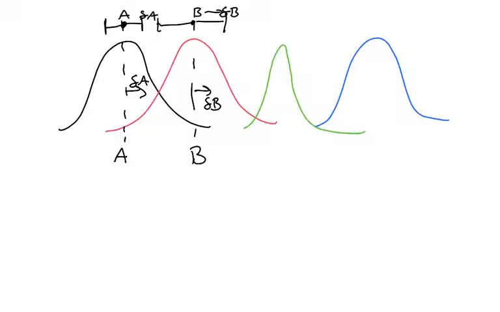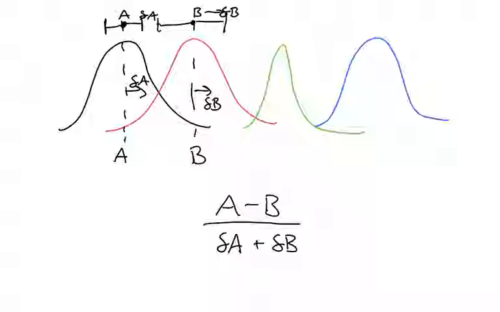So one way to look at this is to turn this into a continuous number rather than just a binary decision. We can think about the difference between the two means, but we want to do it in units of uncertainty, so that it's now a fraction that looks at how different it is in units of uncertainty.